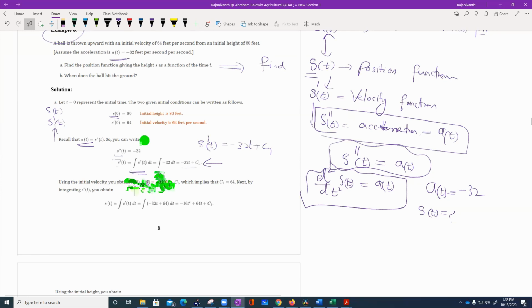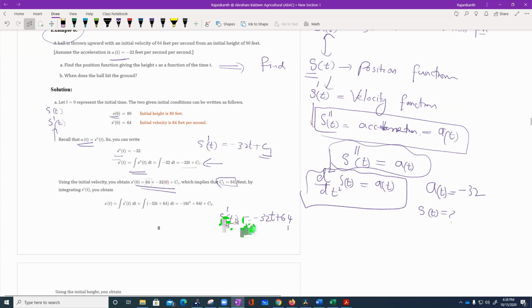That means you are free to find out now that c1, right? This is a simple equation. 64 is equal to 0 plus c1. Therefore, c1 is 64. So we know that constant now. c1 should be 64, right? So you could go back and replace c1 by 64. Therefore, my velocity function is negative 32t plus 64.